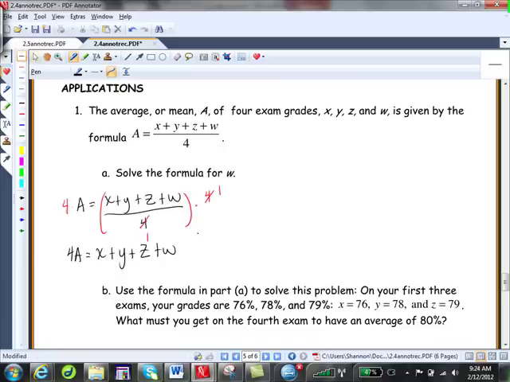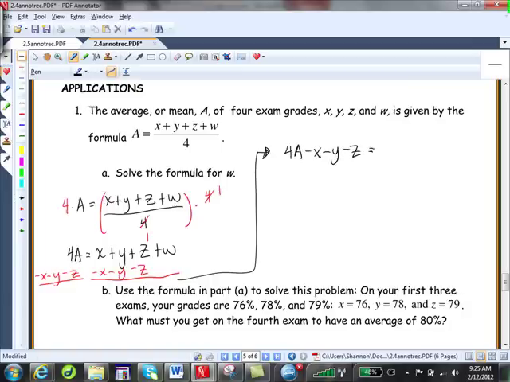So do you see that if I were to subtract an X, subtract a Y, and subtract a Z, so I'm subtracting an algebraic expression from each side in order to isolate W. So on the left I will have 4 A's, and I had subtracted an X, subtracted a Y, and subtracted a Z. And then do you see I'll end up with 0 plus 0 plus 0 plus W?